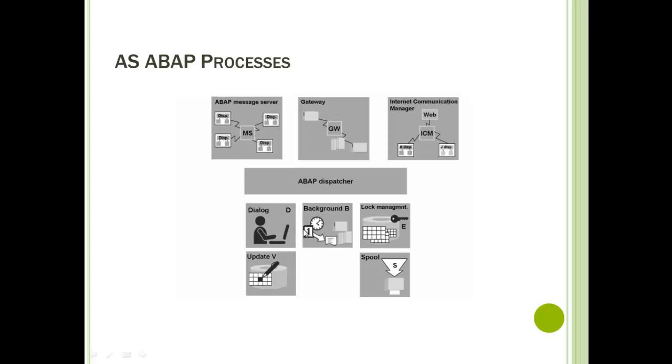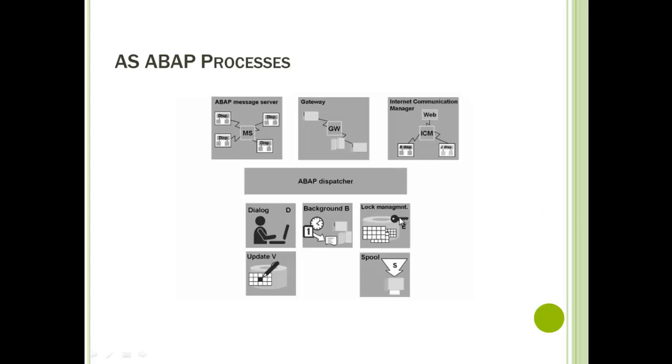The administrator of an SAP system, as a basis consultant, can change the work process configuration using parameters. Using these parameters, you can increase and decrease the work processes. We will come to that later. Now we are still in the introduction part of basis. We are still learning the architecture of basis.